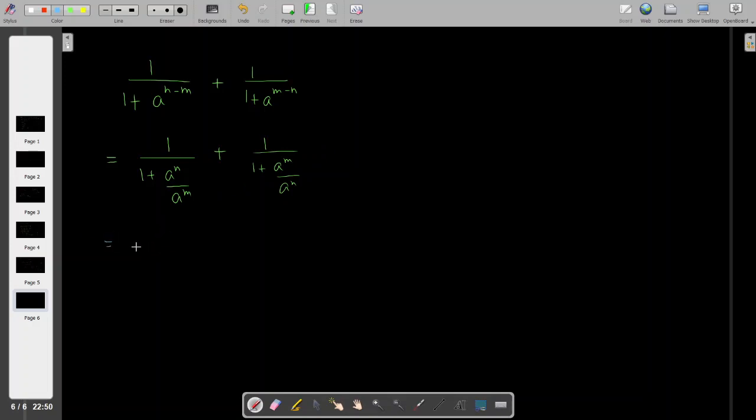So 1 by, I take the LCM at the bottom, so it will be like this: a to the power m, here 1 into a to the power m will be a to the power m plus a to the power n, plus again in this case I'll take LCM, so it will be a to the power n this time, so here a to the power n plus a to the power m. Okay, now what happens in the next step?